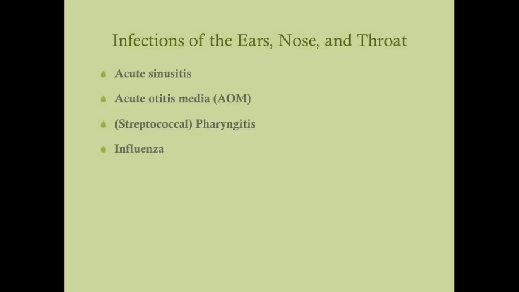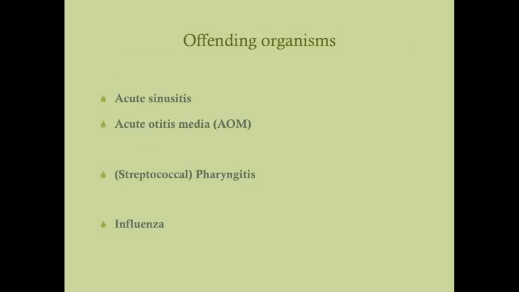So the offending organisms for acute sinusitis and for acute otitis media: acute sinusitis, or a sinus infection, or acute otitis media, or an ear infection, 40% are caused by Streptococcus pneumoniae, 30% from Haemophilus influenzae, 20% from Moraxella catarrhalis, and 10% from other or unknown.